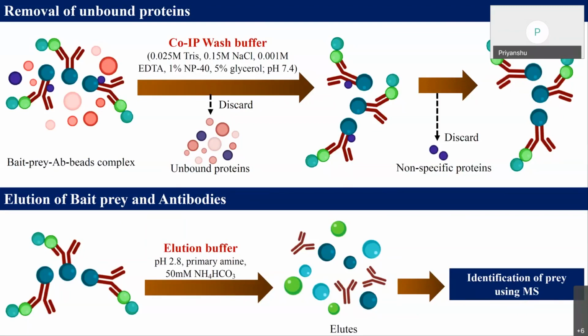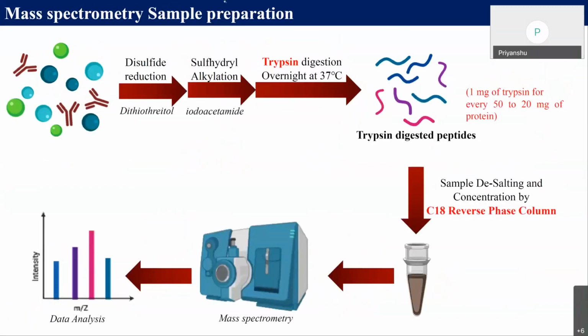First, we learn how you would prepare mass spectrometric samples. In mass spectrometric samples, what happens? You have antibodies, beads, and proteins with interacting partners in the solution.